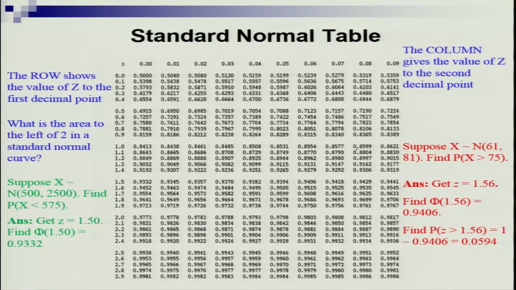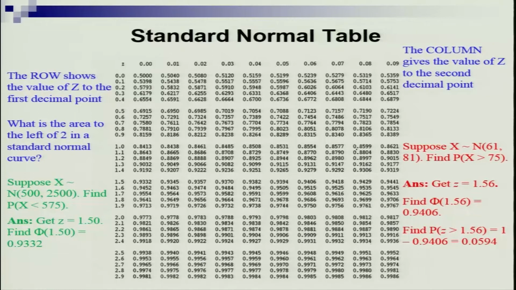Now, let me move on to another example, so that you understand it very clearly. Here I will assume that my x follows a normal (61, 81) distribution. So, the standard deviation sigma is the square root of 81, which is 9, and I am asked to find the probability of x greater than 75. Again, we first get the z value, and that is 1.56 here.